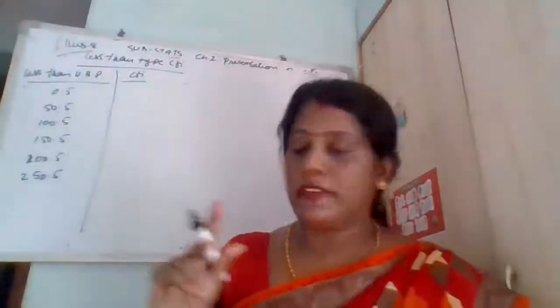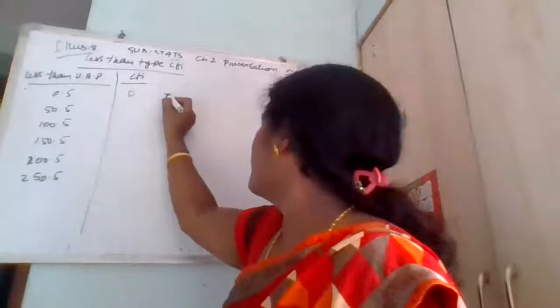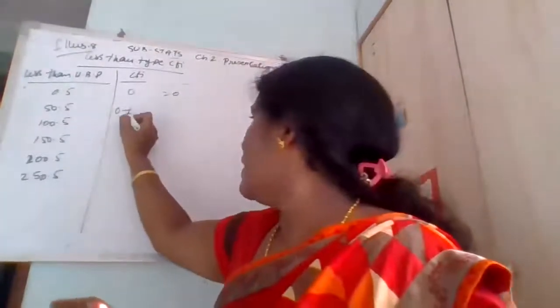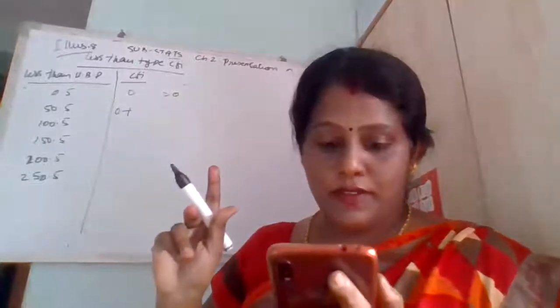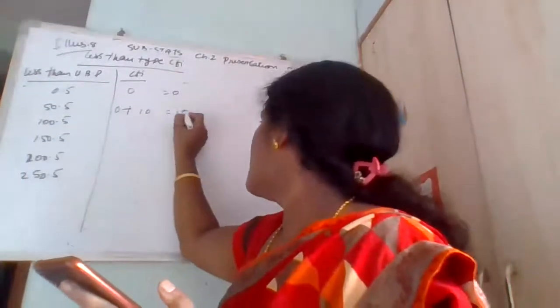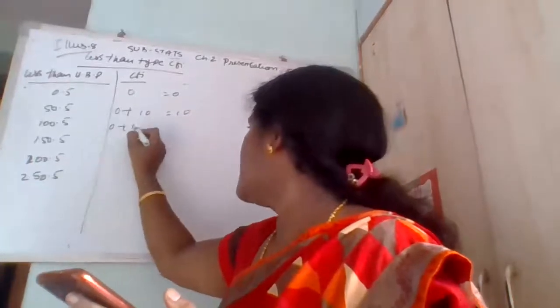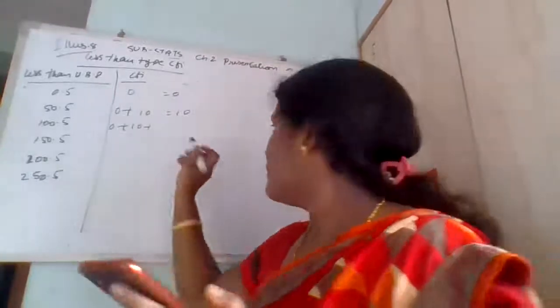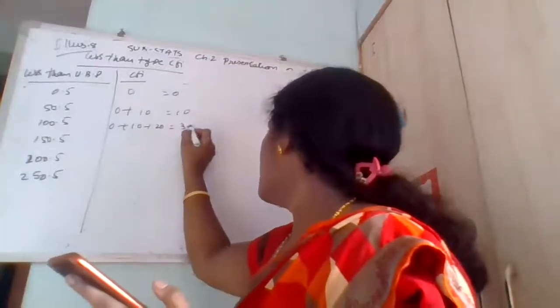So in less than type, your first frequency is 0, right? Next frequency will be 0 plus 10, that comes to 10. Then 0 plus 10 plus the second frequency 20, that comes to 30.